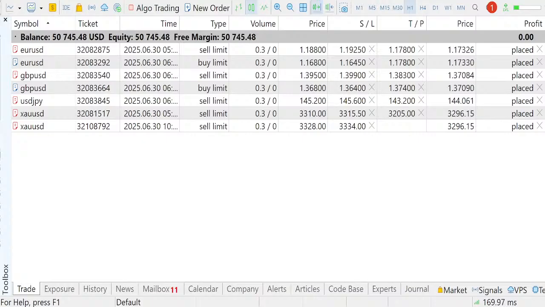Just give me a minute. Okay, I would say it's about a 50-50 chance. I'll let you decide, but this is a 50-50 chance if you really want to go for a sell.